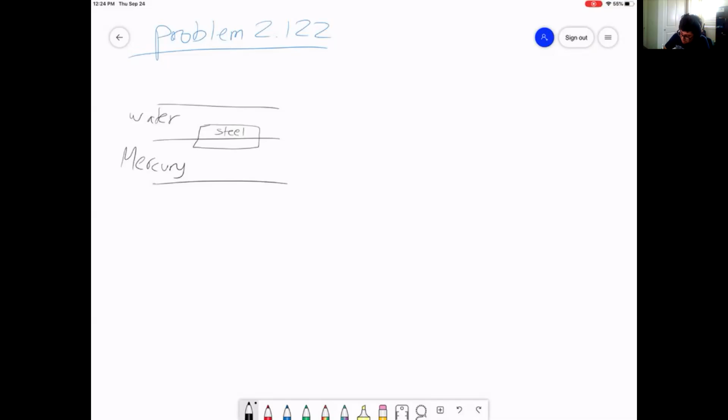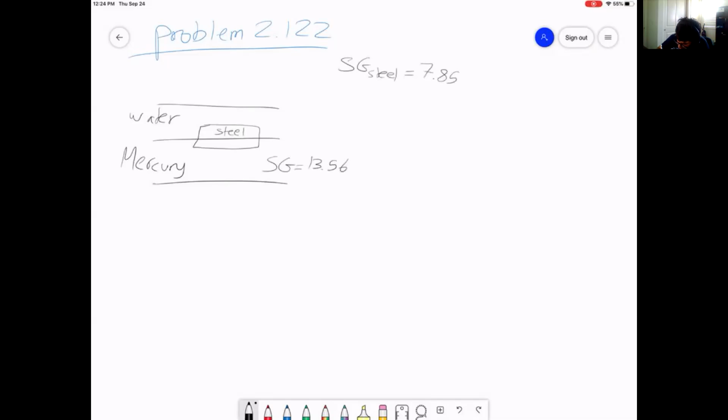What else is given? The specific gravity of mercury, SG, is 13.56, and the SG of steel is also given in the problem, which is 7.85.